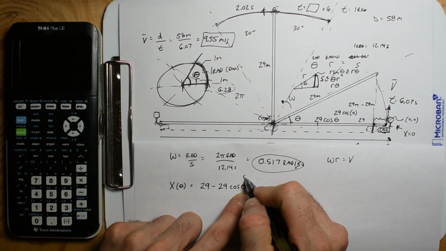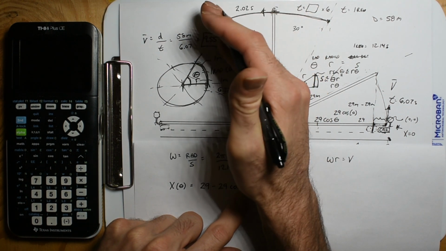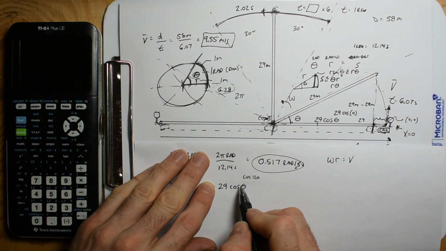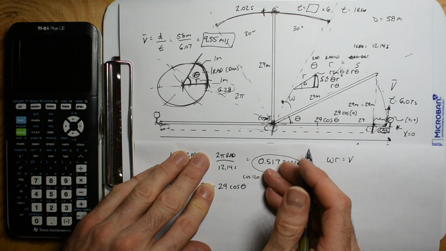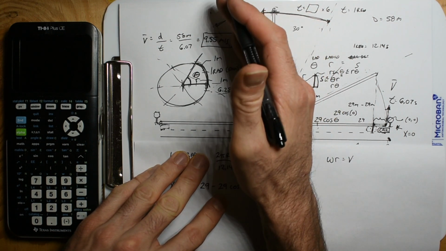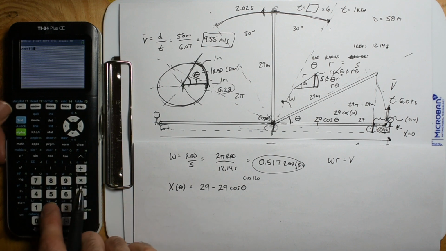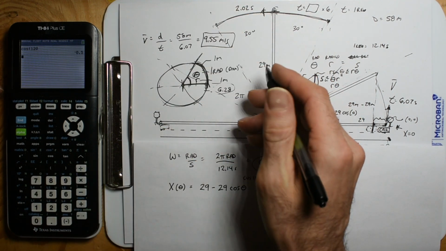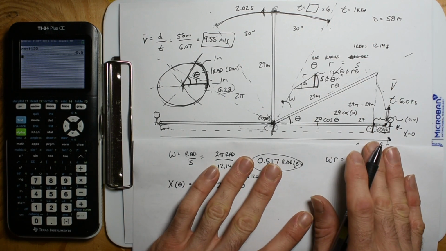Well, when you do cosine of, let's say, 90 plus 30, that's going to be 120. This is going to be a negative term. So we have cosine of 120. It's negative a half.